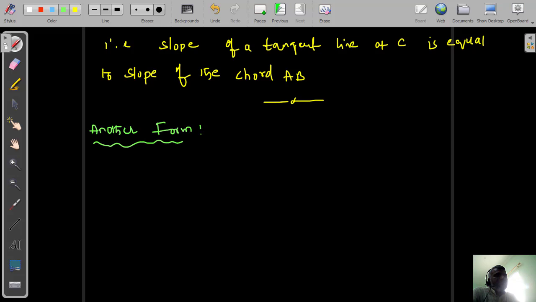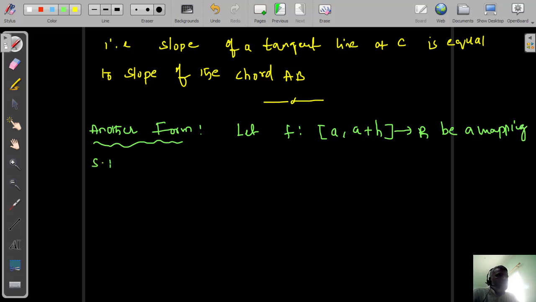Now we'll discuss another form of Lagrange's mean value theorem. The statement: let f from [a, a plus h] to R be a mapping, where R means the real number set as codomain, such that the first condition, f is continuous on the closed interval [a, a plus h].